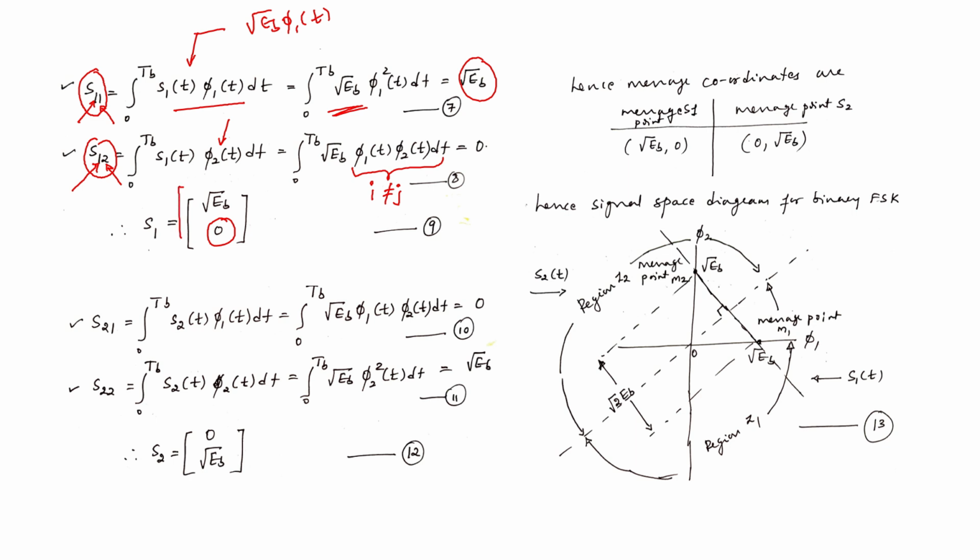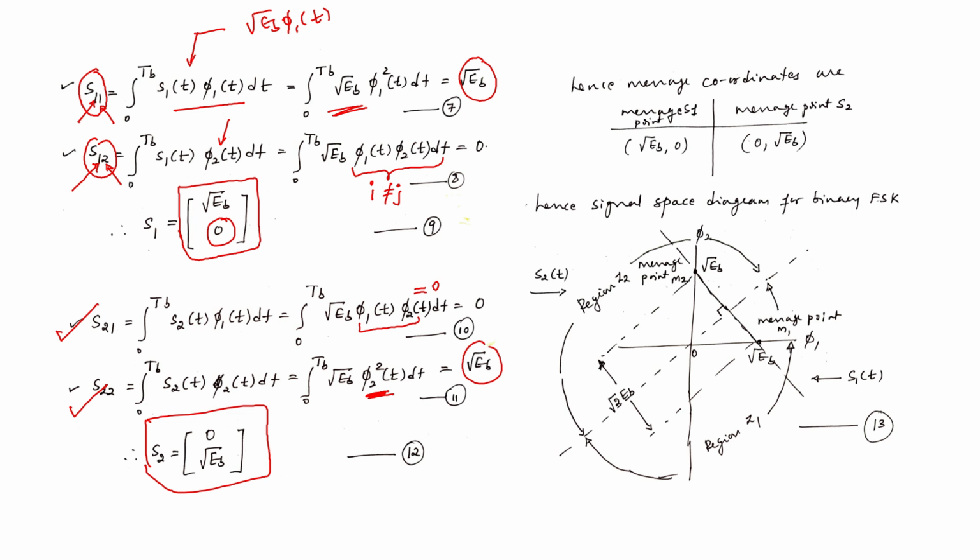This is how we obtain the vector values for the first equation. Similarly, you try to find S21 and S22. Since i is not equal to j, this becomes 0, and since i is equal to j, I obtain here square root of Eb. So write the values of S2 here.